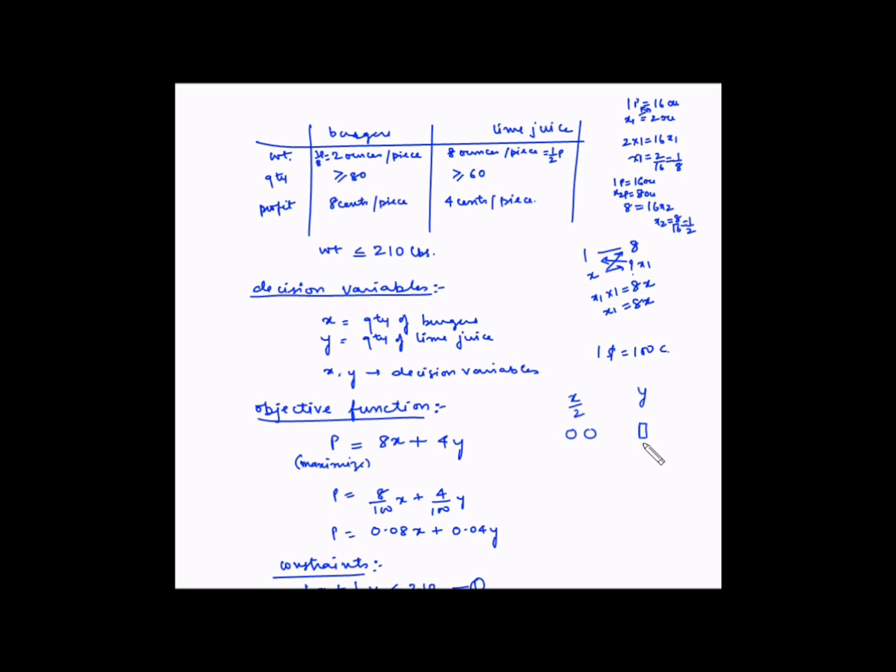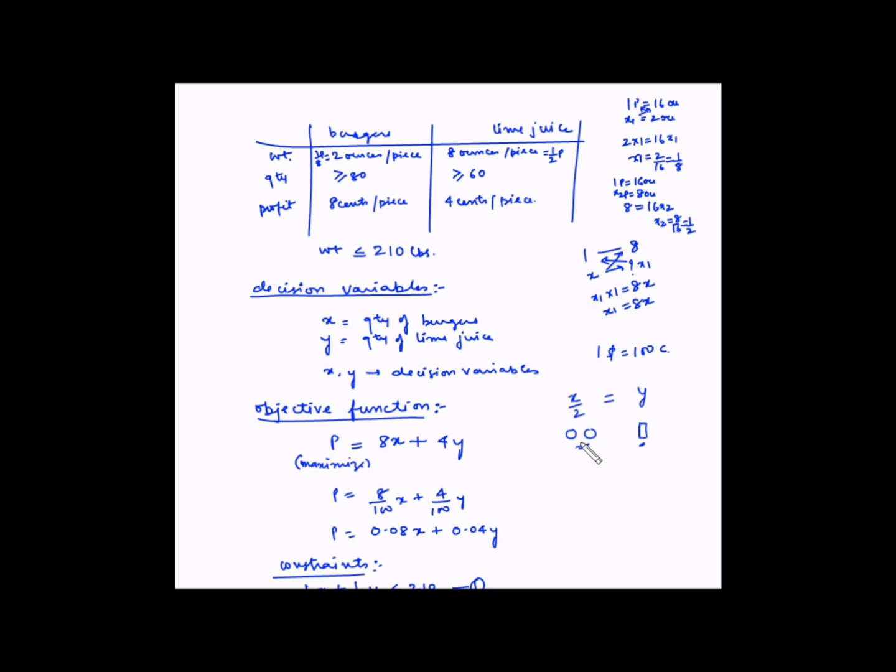So suppose the least case is that he has 1 lime juice and 2 burgers. So half of the quantity of burgers will be equal to the quantity of lime juice.